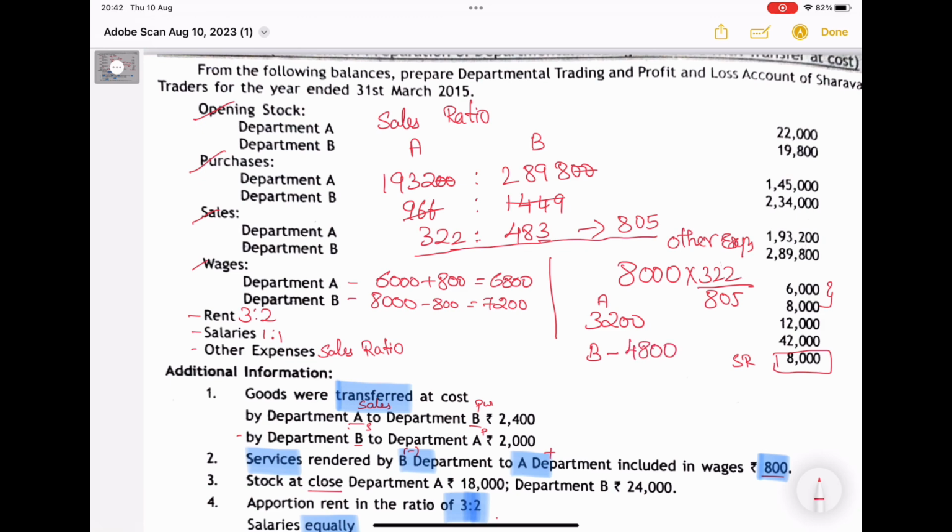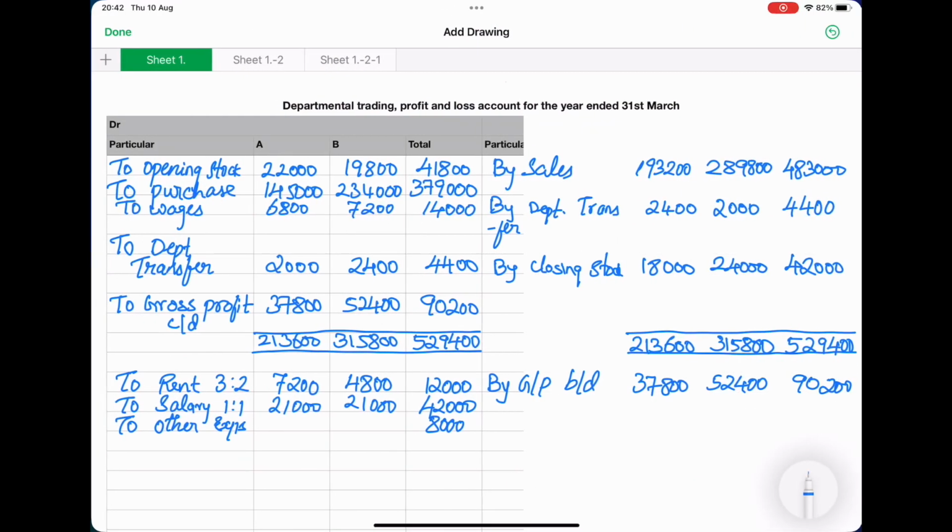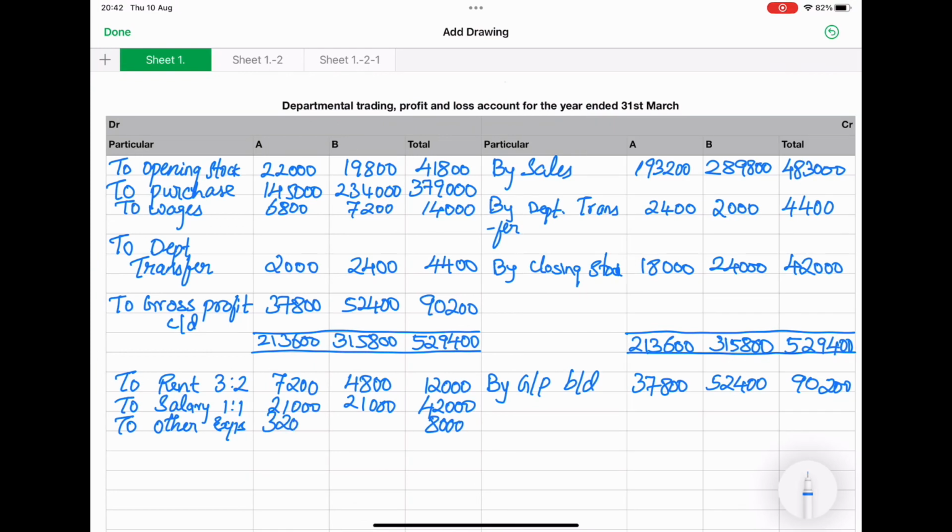I am going to write the answer directly: 3,200 for A and 4,800 for B. Any other adjustment? We have taken all the additional information and have not missed any adjustment.